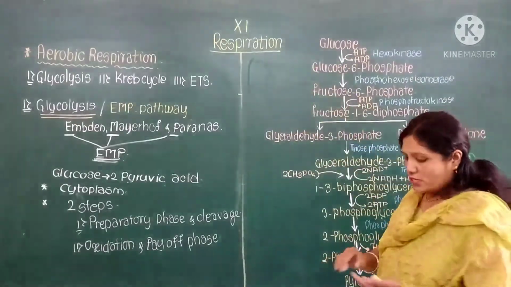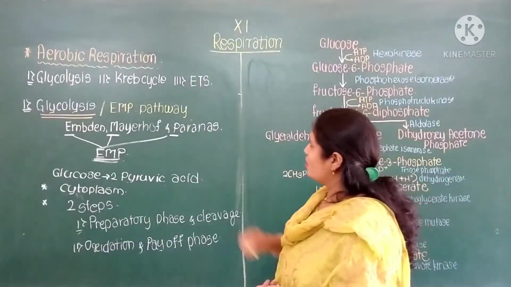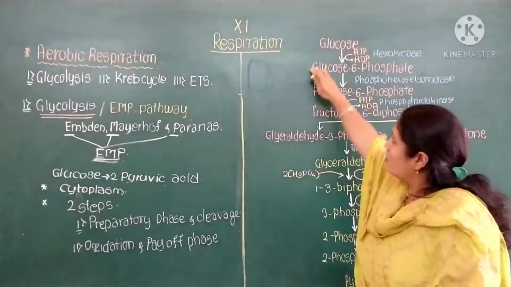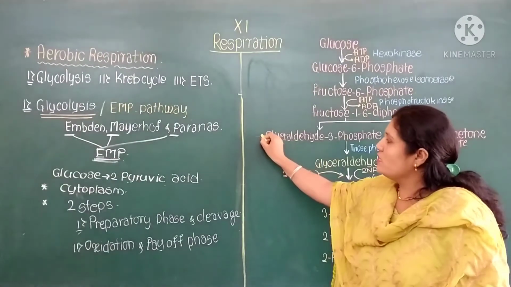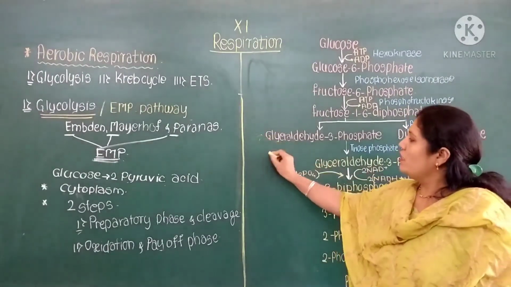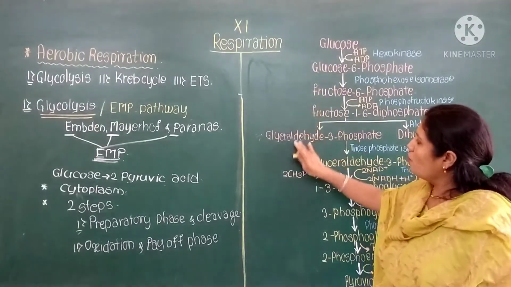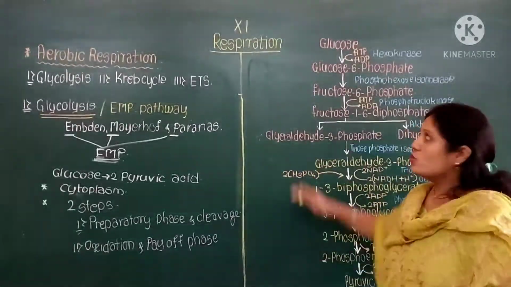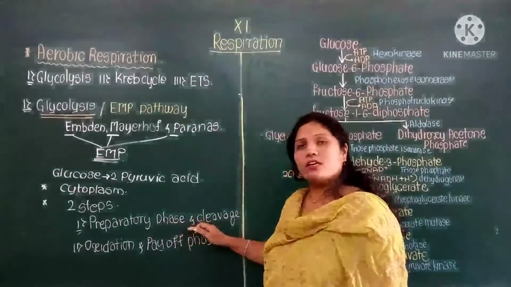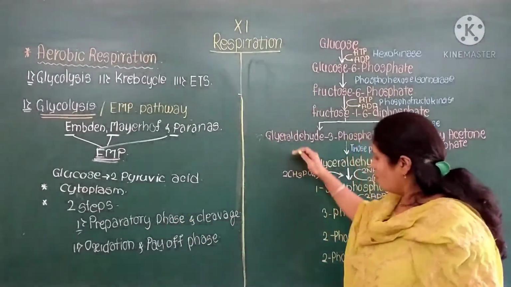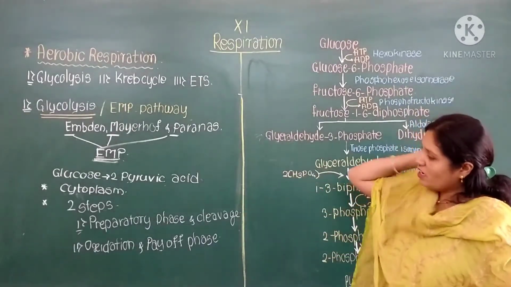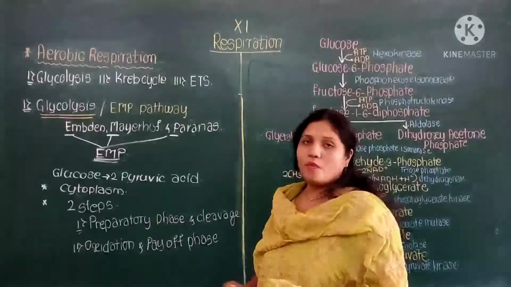Here the first 5 steps are known as the preparatory and cleavage phase. Then the remaining reactions come into the oxidation and payoff phase.